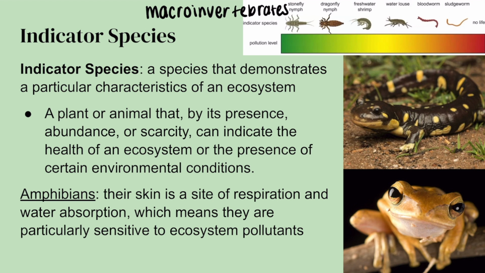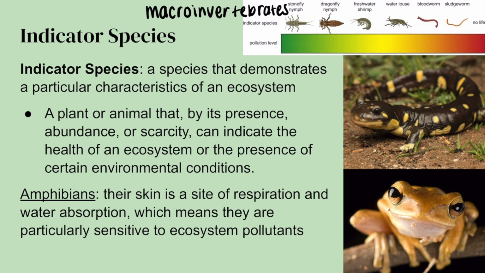Another example that should hit pretty close to home is amphibians. Amphibians are indicator species because they have some very specific adaptations. Their skin is actually a site of respiration and water absorption. So that means that they can take in gases through their skin and they can also take in water. So that means if there's pollution in the air or if there's pollution in the water, they'll both affect amphibians.